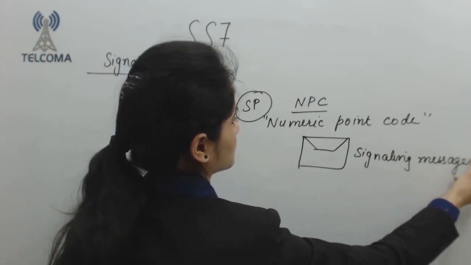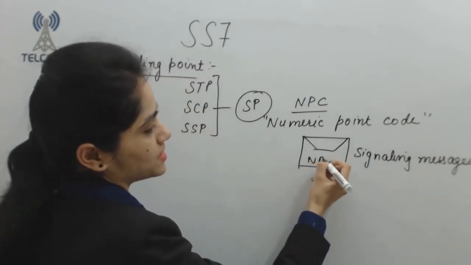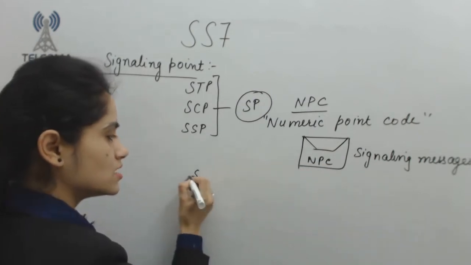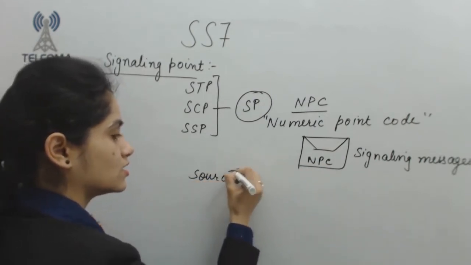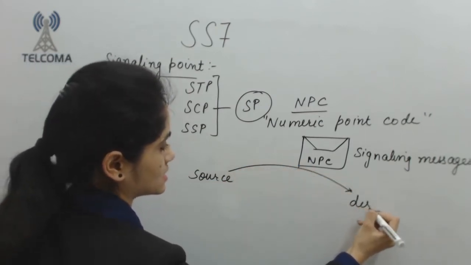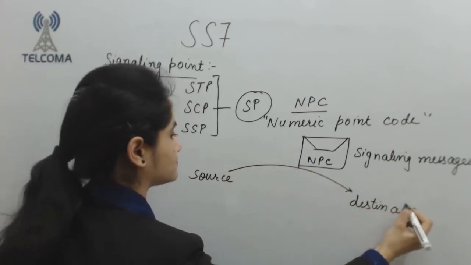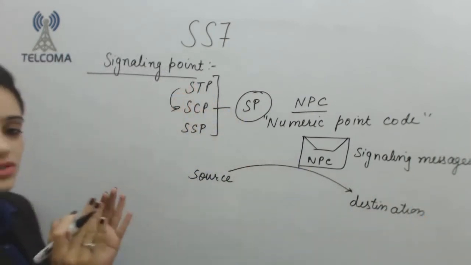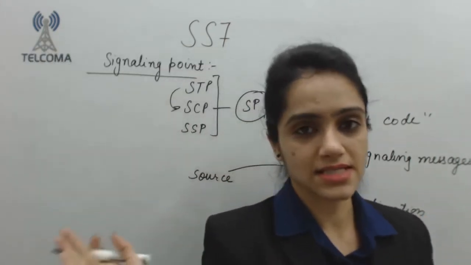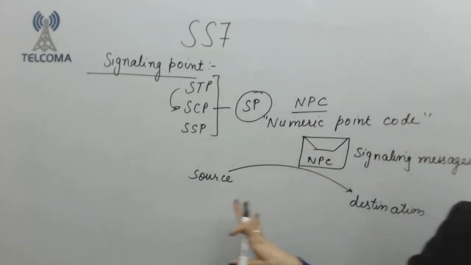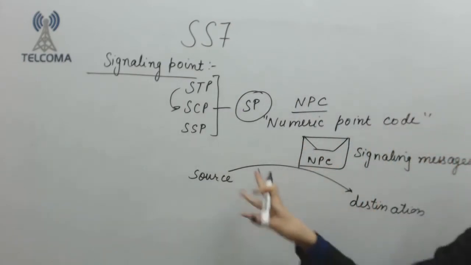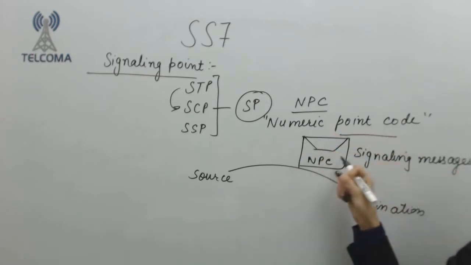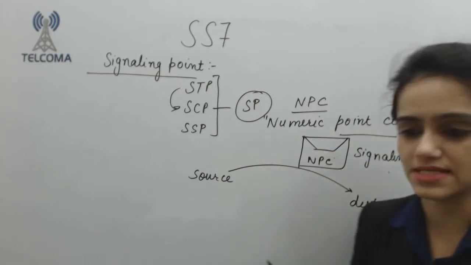So these signaling messages will have NPCs in between so that they can travel from source to destination. One from STP to SCP. So there is an exchange of signaling messages between source and the destination, and because each and every unit is represented by its point code, and those are being carried by signaling messages.